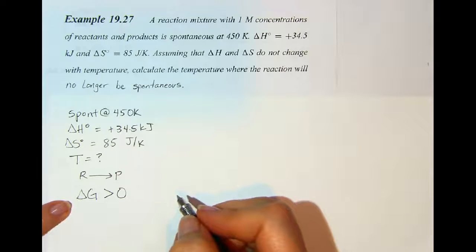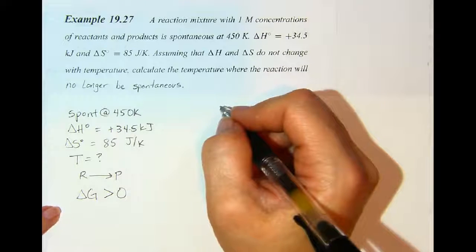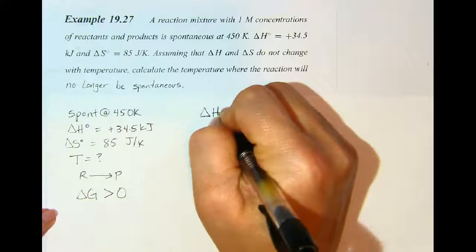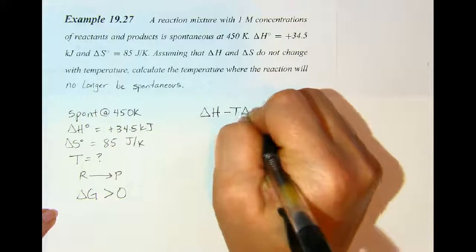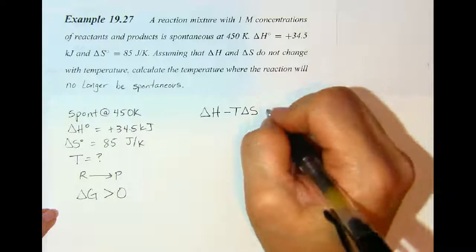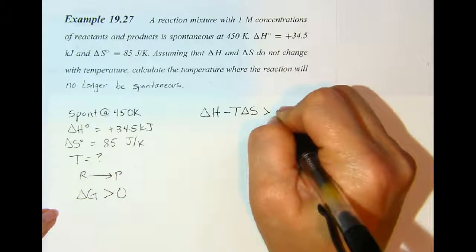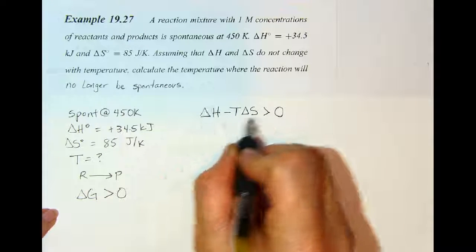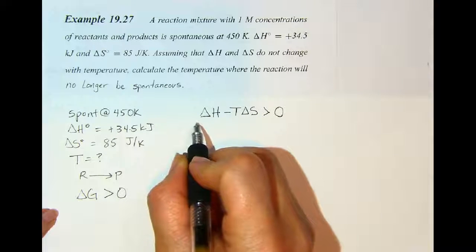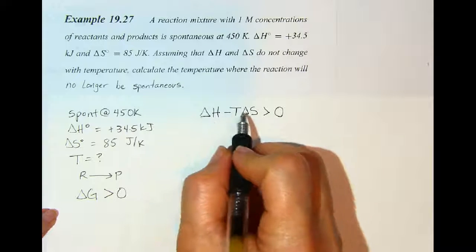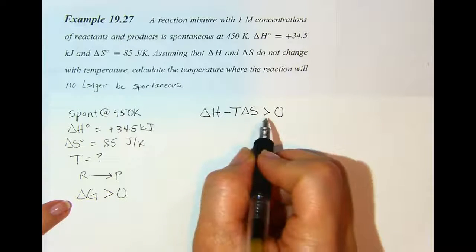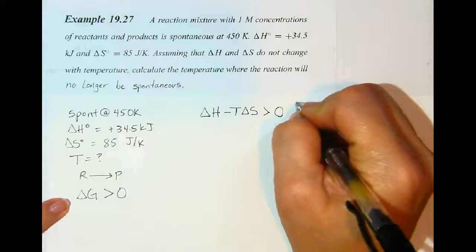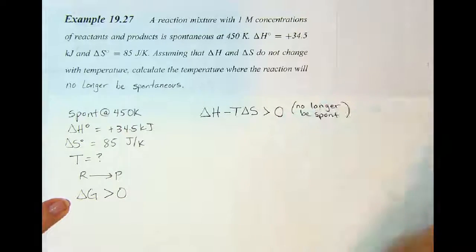So we'll use this idea in the equation delta H minus T delta S, and all of this should be greater than 0, because remember that delta G is equal to delta H minus T delta S. And so I will just sub all that in for my delta G, and all of that should be greater than 0, and that's when the reaction would no longer be spontaneous.